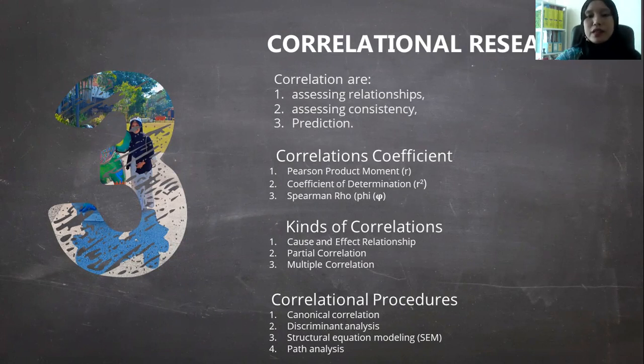That's why in quantitative research, if you remember the first meeting, I told you that quantitative research is to prove or to measure the hypothesis, to answer the hypothesis. There are 3 things to find out the correlations.